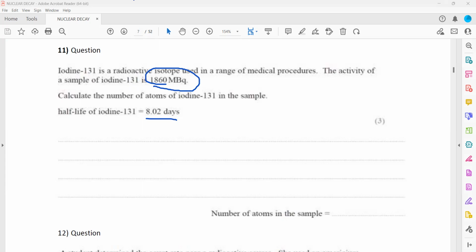So first, we have the half-life, so we'll work out the lambda first, because T half is equal to 0.693 over lambda. So using the half-life, we'll work out the lambda.